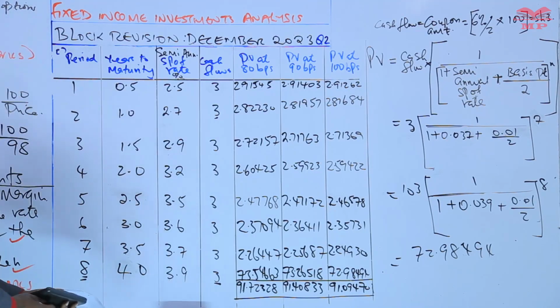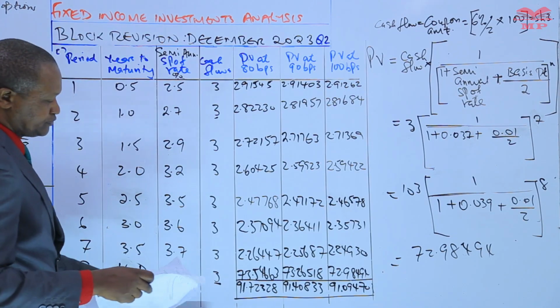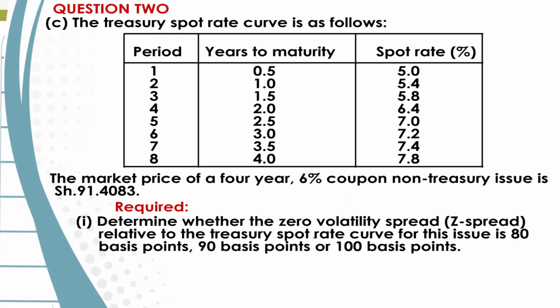That is the answer. Because remember, the question read, determine whether the zero volatility spread, which is the Z spread, relative to the treasury spot rate curve for this issue is 80 basis points, 90 basis points, or 100 basis points.